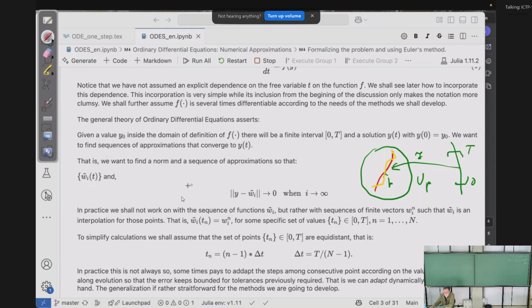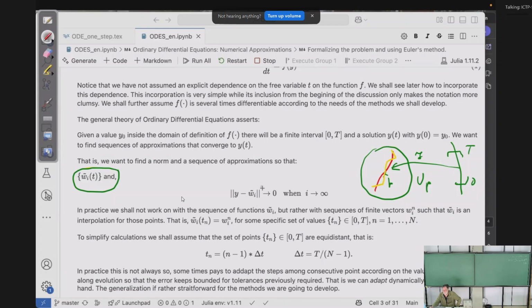So we are looking for sequences of approximations, which we are going to call W twiddle. There are functions also here, so curves, and we want to say that this difference tends to 0 when i tends to infinity. Right? This is what we want.